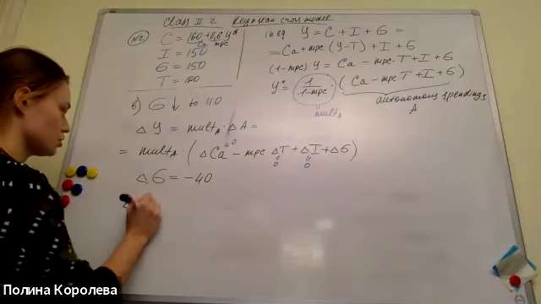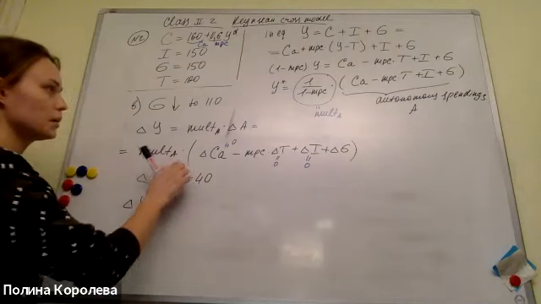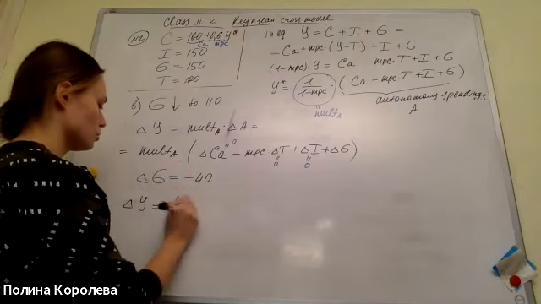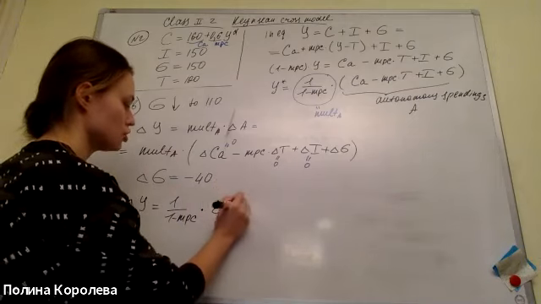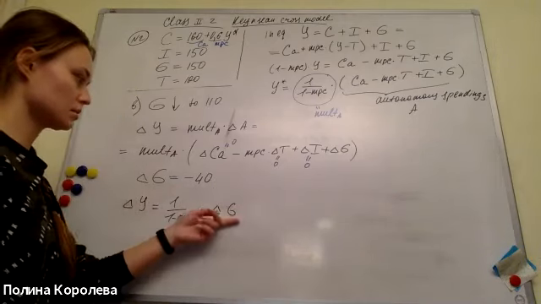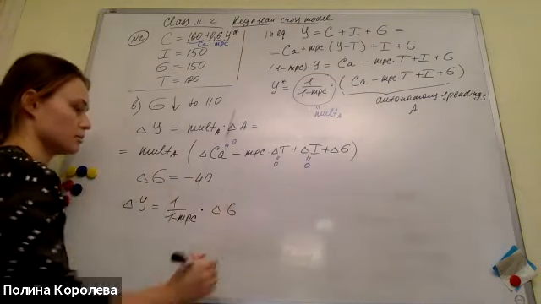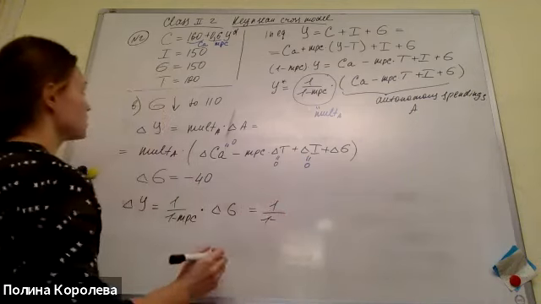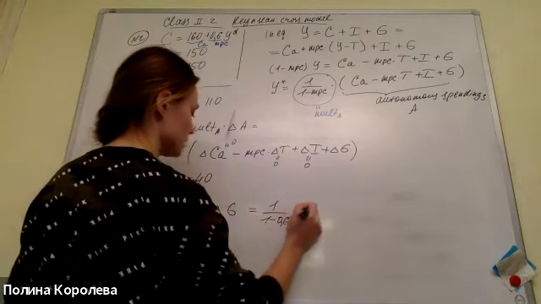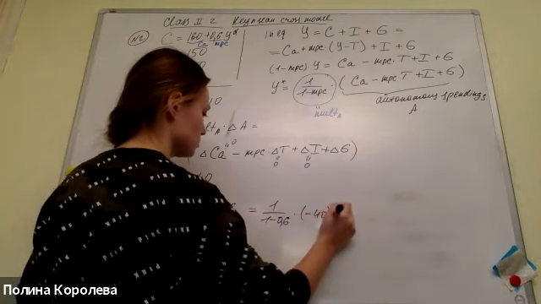The change in GDP will be equal to the multiplier of autonomous spendings, 1 over 1 minus marginal propensity to consume, multiplied by only the change in government spendings, because it is the only variable. Let's put everything: 1 over 1 minus marginal propensity to consume 0.6 multiplied by minus 40.